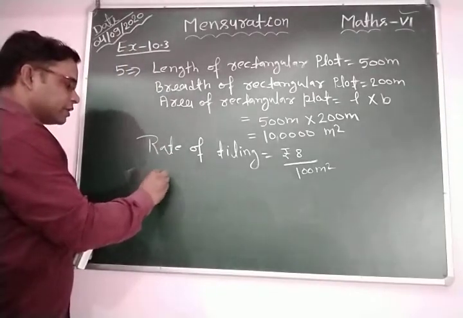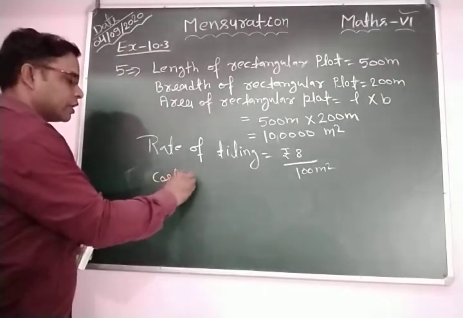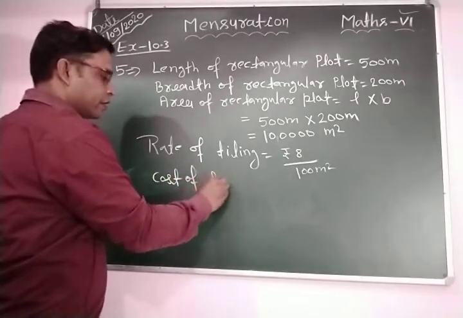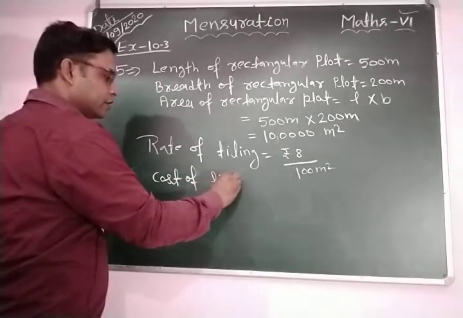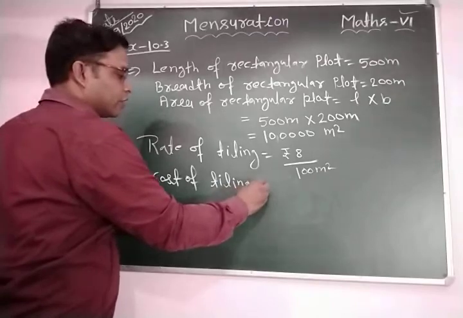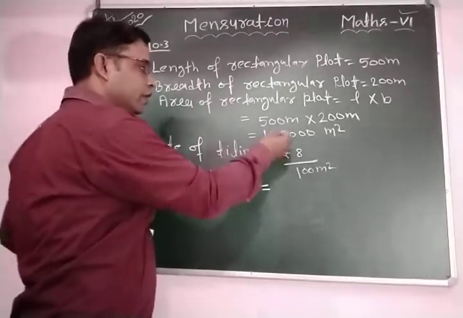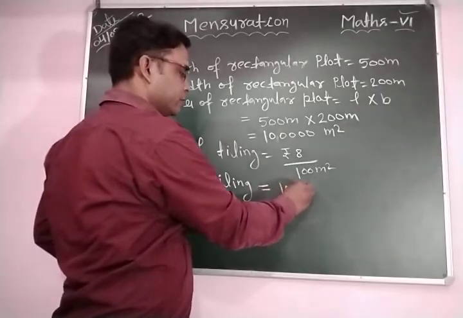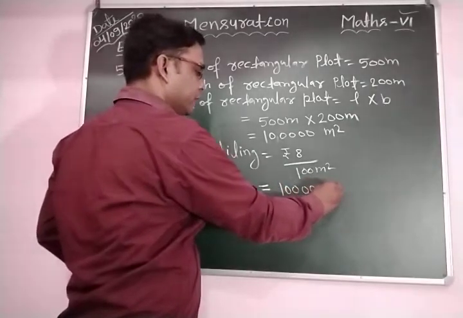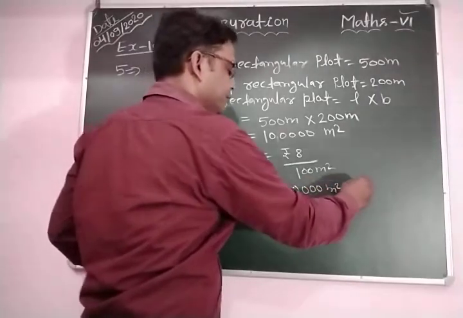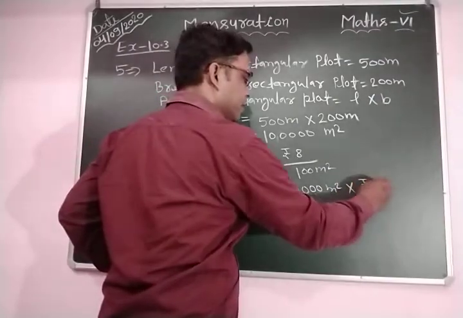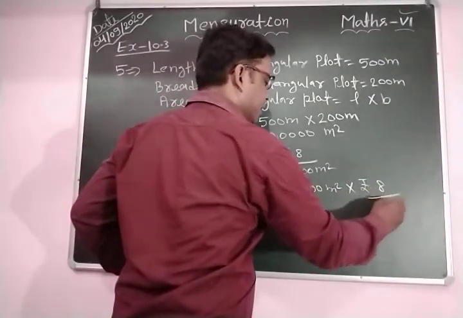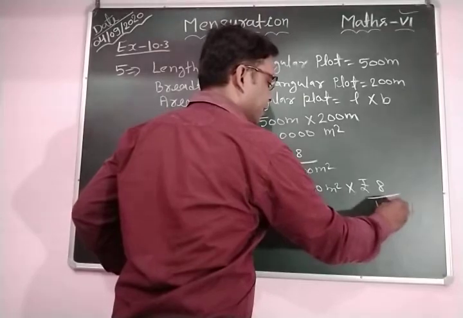So the cost of tiling of the rectangular plot is, we have 1 lakh meter square, so 1,00,000 meter square into rupees 8 by 100 meter square.